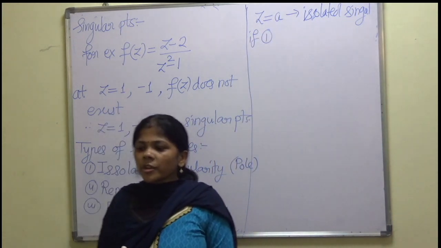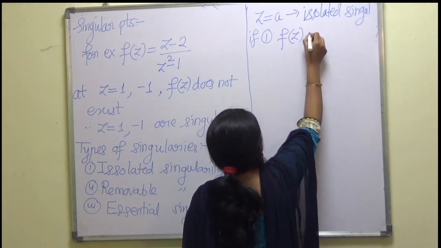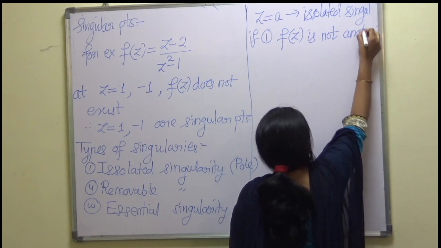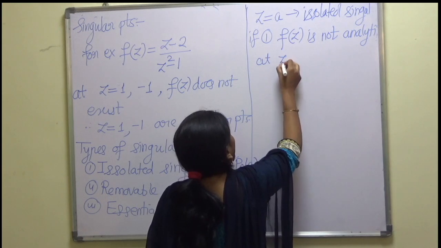What is the first condition? That f of z is not analytic at z equal to a.